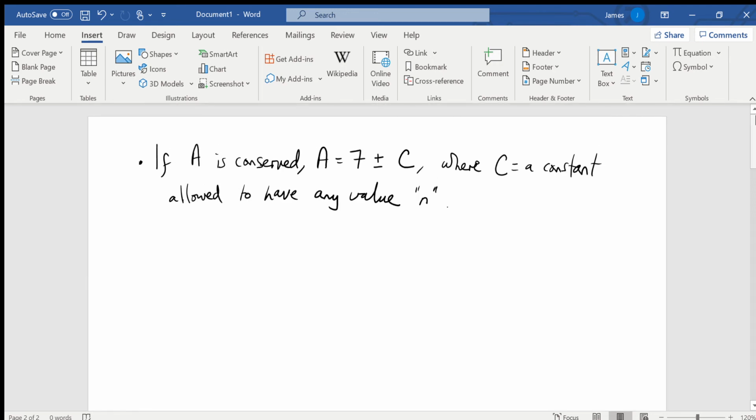Well, we just say plus or minus a constant, so we can scale it by a constant. Okay. Thus, if C is equal to 0, that's an allowed value of n. Then A is equal to 7, because A is equal to 7 plus 0.